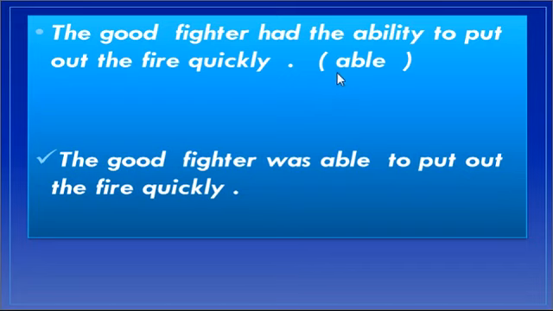I want you to use able. There is no could here, so what do I do? I look for the word that expresses ability. Which word in the sentence expresses ability? Ability. But here we use had. So we say the good fighter, which is singular, so I put was able to put out the fire quickly. I omit had the ability.